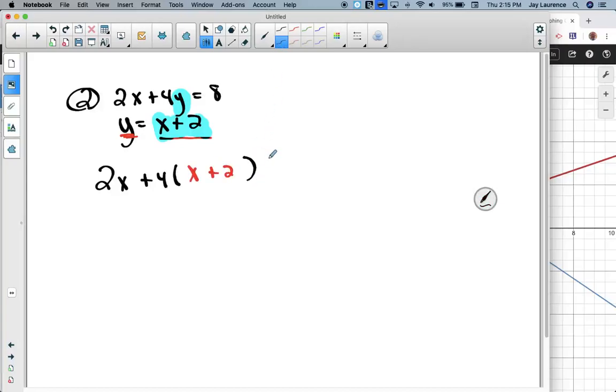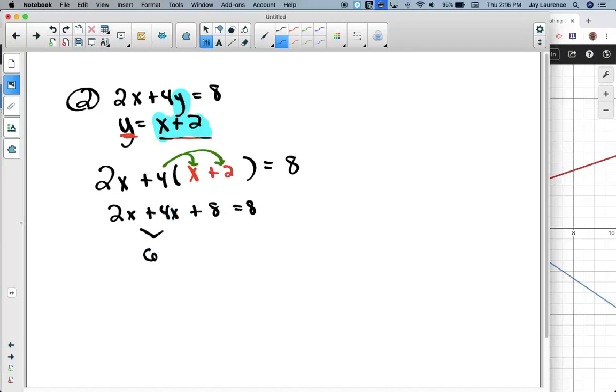All right, so I've got 4 times the quantity x plus 2 equals 8. And you can start to see how our equation solving skills come in really handy. I have to do the multiplication first, which is actually distribution. So I'm going to distribute the 4. And when I do that, I'm going to get 4x plus 8 equals 8.